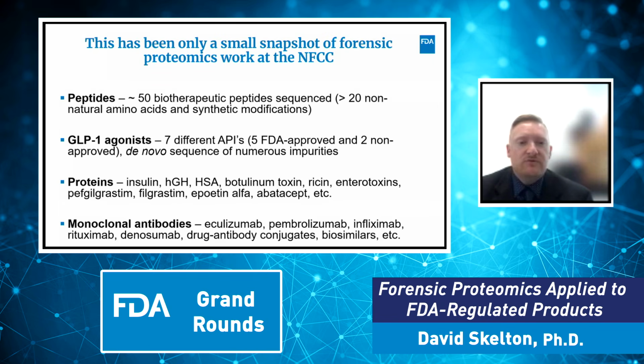And we've also been able to determine the impurities in there and generate impurity profiles for these GLP-1 agonists. We've analyzed proteins, not only HSA, but insulin, human growth hormones, various toxins, ricin, and also monoclonal antibodies, drug antibody conjugates, as well as biosimilars.